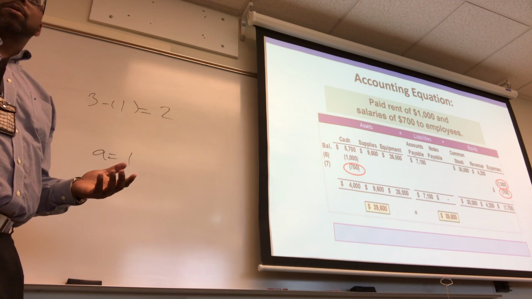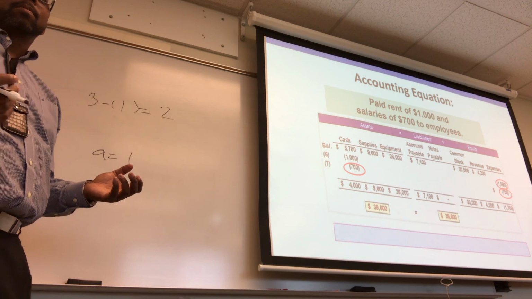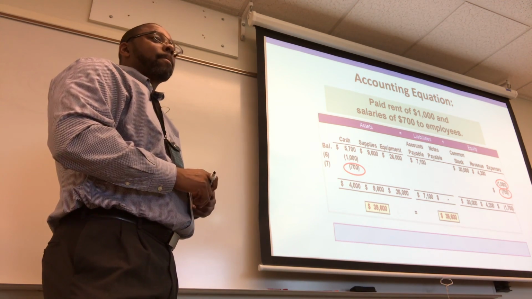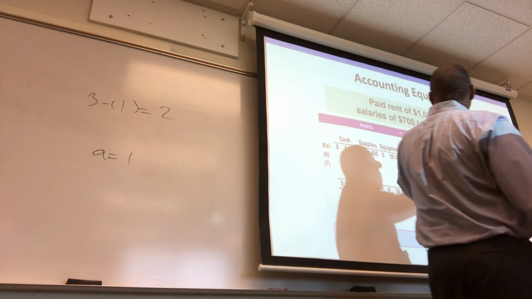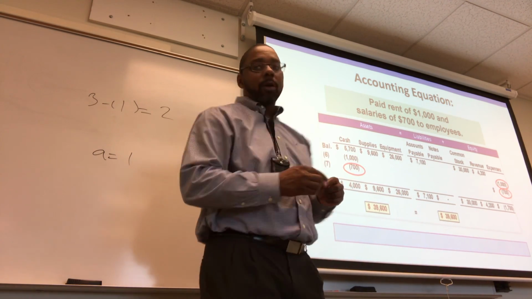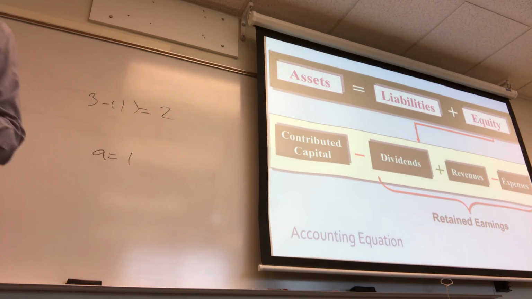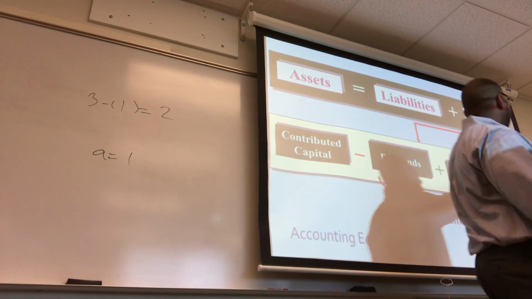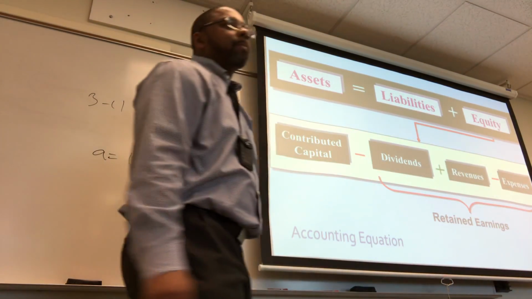Is that for all expenses? It's for all expenses and dividends. We'll do a dividend in a second. It's the same situation: it's negative on the dividends and negative for the expenses. Same way for both.